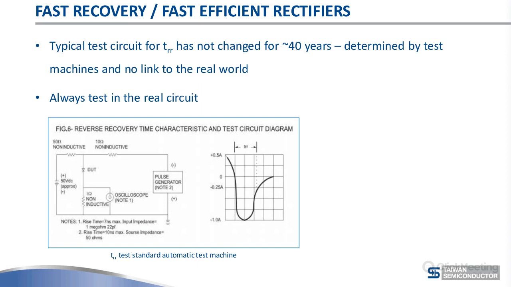So you have these datasheets, some of them very old, or traditions are very old, and people started copying them and still using those datasheets, and that's why you currently have a TRR test circuit that has no link to the real world and probably does not reflect what is going on in your circuit. So this is something you need to remember.